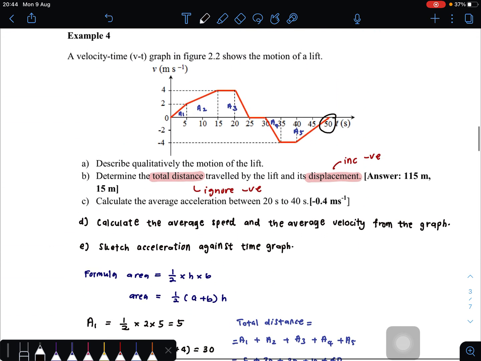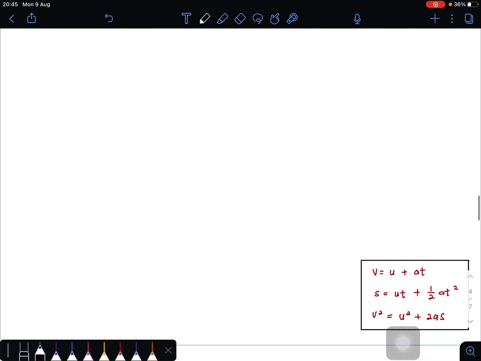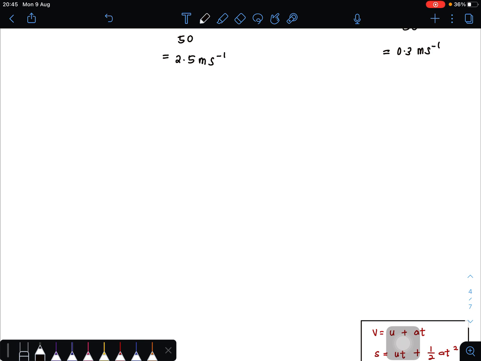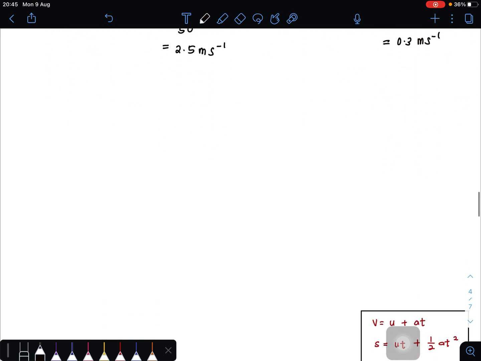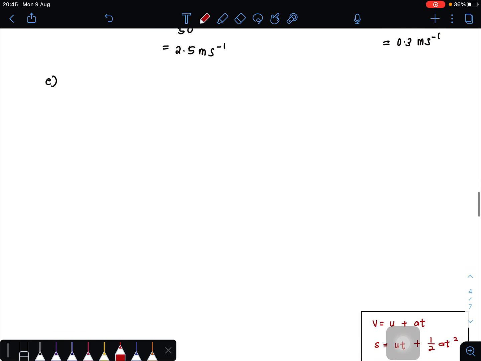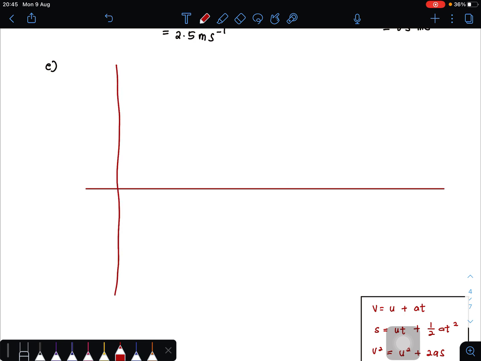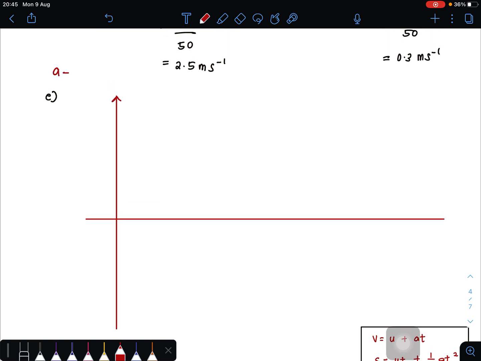Okay, so now the last one, sketch the acceleration against time graph. So how do we sketch the acceleration time graph? Okay, this one looks difficult but actually it's easy. So which question is it? Question E. First of all, draw the X and Y axes, where what they ask for is acceleration, which is a-t.